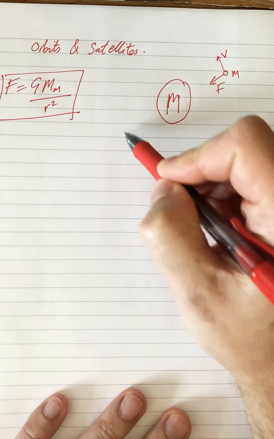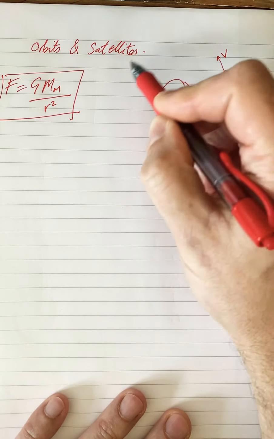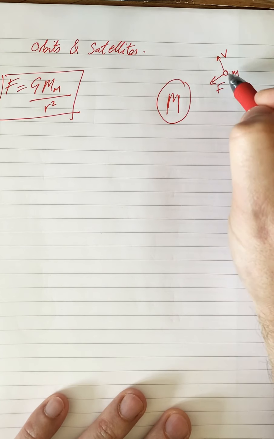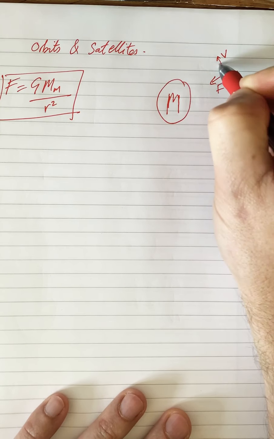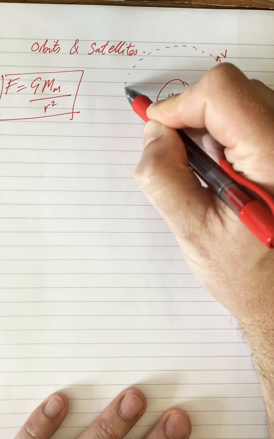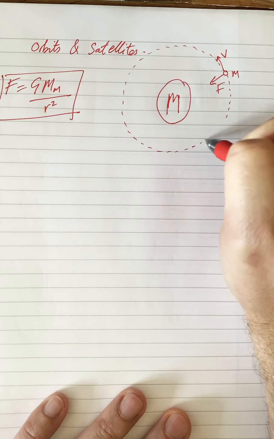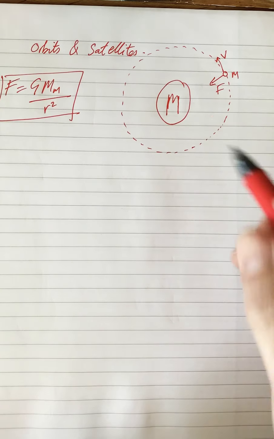This is a constant change in direction, so its velocity is changing, it's moving in a circle. This is circular motion. So one thing we will briefly discuss is circular motion.